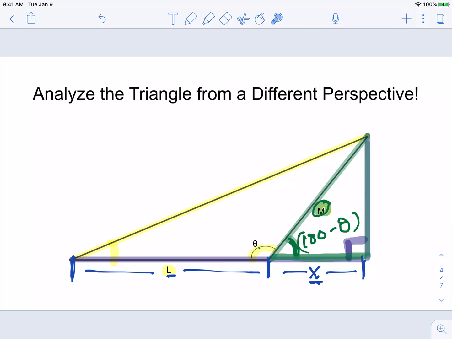What trig function, right triangle trig function, has adjacent and hypotenuse? If you forget, you can write your SOHCAHTOA at the top of the screen, right? SOHCAHTOA. And you can say, oh, there it is, adjacent and hypotenuse. That's my cosine function.